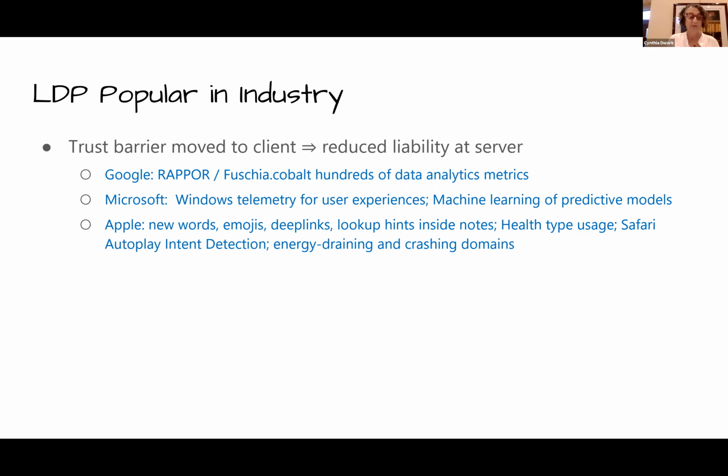So here are some uses. Google has the RAPPOR project, which handles hundreds of data analytics metrics. Microsoft uses it in Windows telemetry for user experiences and for machine learning of predictive models. Apple uses it for learning new words that are becoming popular, emojis, deep links, lookup hints inside notes, health type usage, Safari, and so on and so forth.